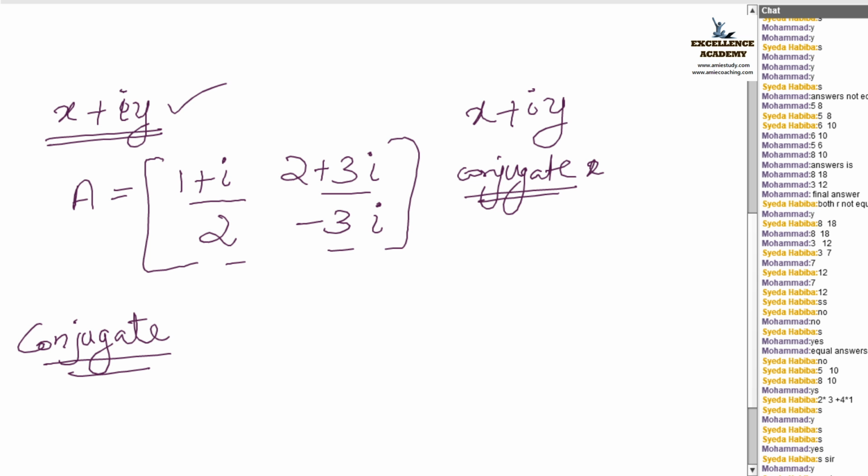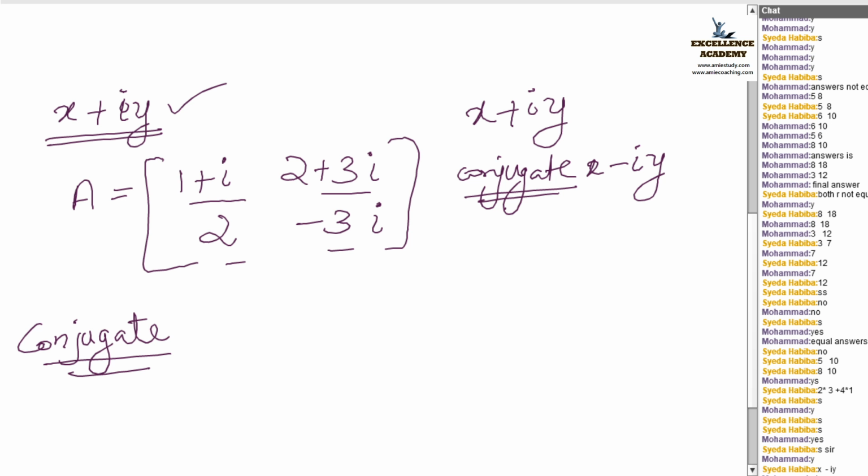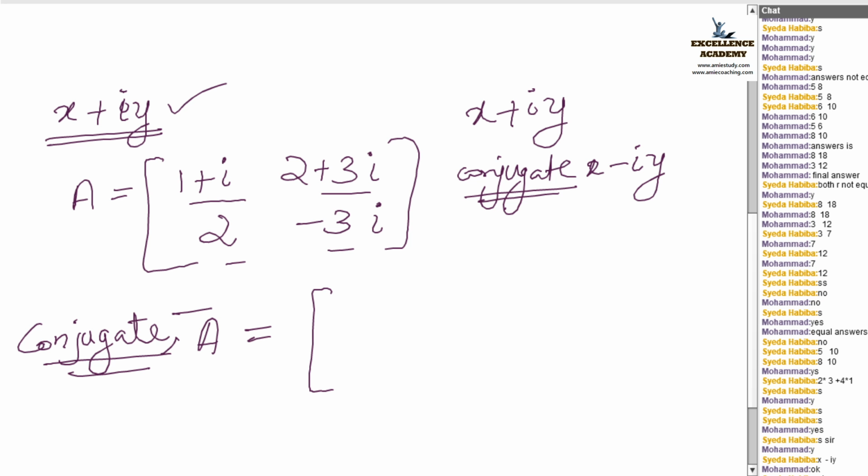Yes, it is x minus iy. If x plus iy is a complex number, then conjugate is given by x minus iy. Therefore, what will be the conjugate matrix? Conjugate of this matrix A bar. What will be the conjugate of this matrix A bar? Can anyone tell?